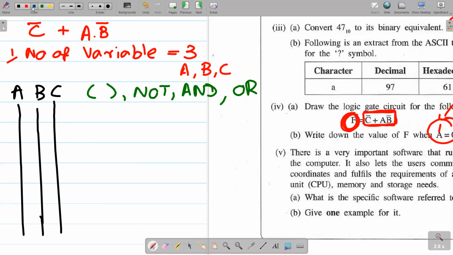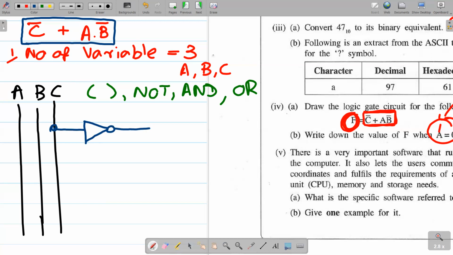So when you consider the entire expression, it has C bar and B bar. First of all, you better get used to drawing things from left to right. Since we have C bar, I'm going to create a C bar using a NOT gate.